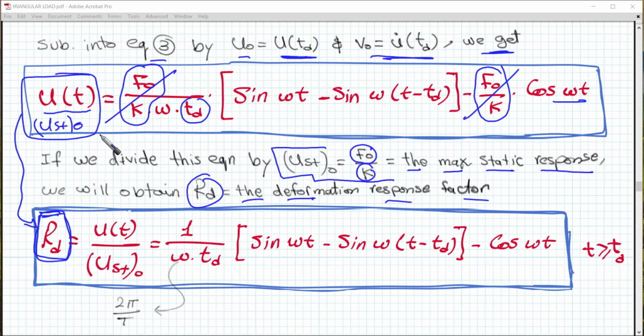Okay, this is the equation of motion in terms of RD for the system after td, which means t larger than or equal to td. Okay, this is the meaning of this equation.